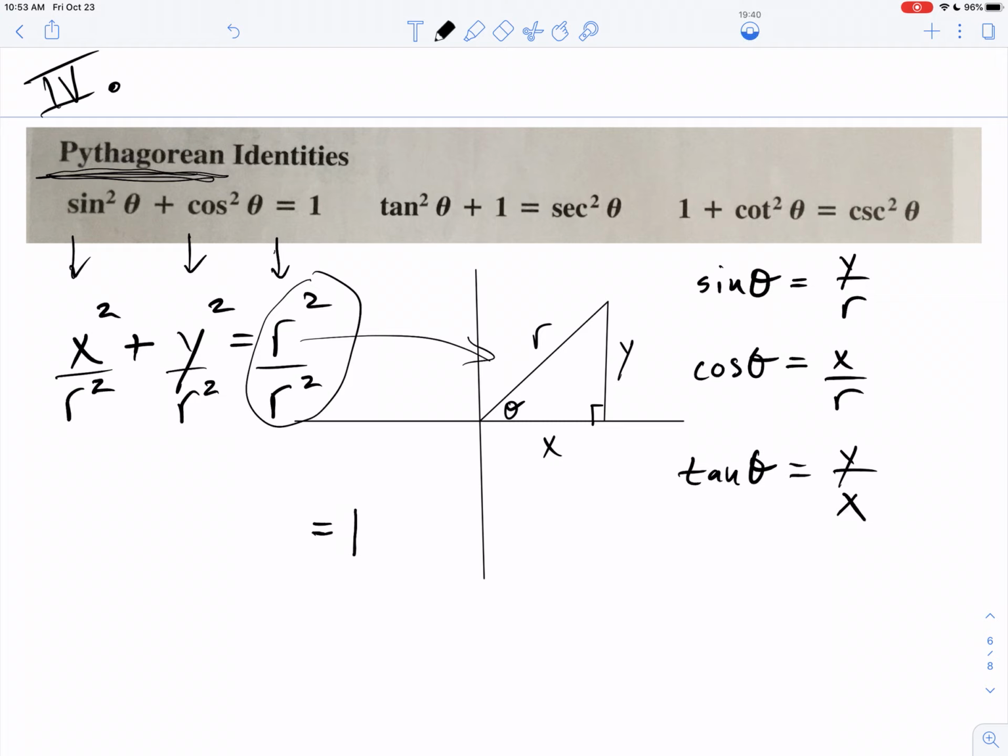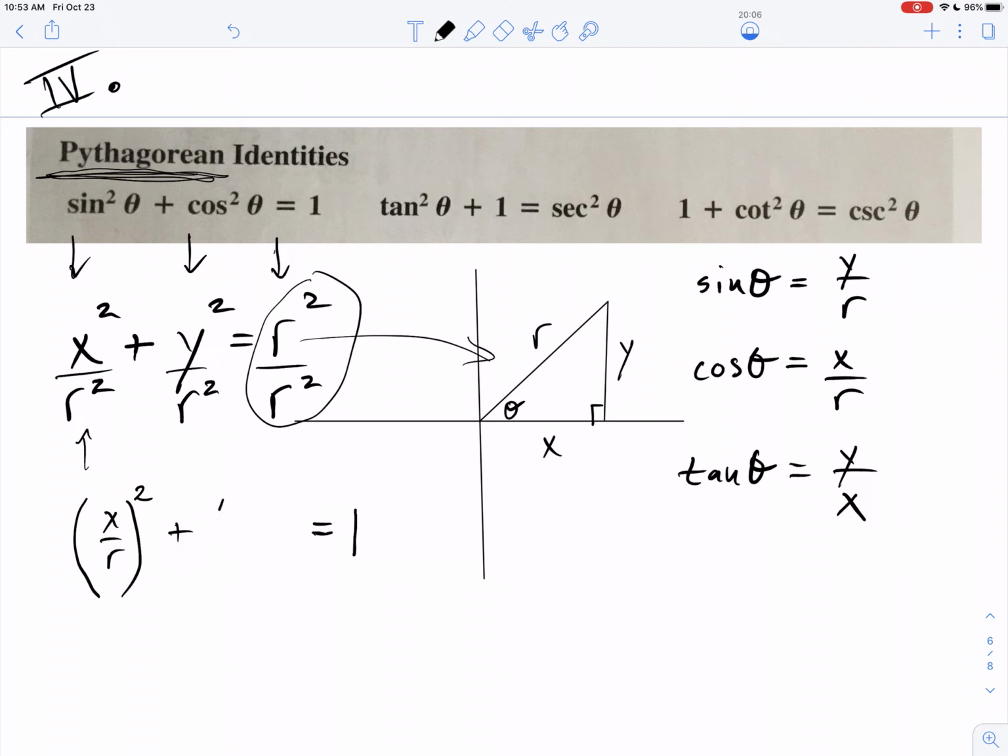What you might not look at the same way as I do is this. You may not look at this and say, I bet if I wanted to, I could organize my work like that. Just let that sink in for a second. If x is being squared and r is being squared, I could write it as x divided by r, the whole thing being squared in parentheses.